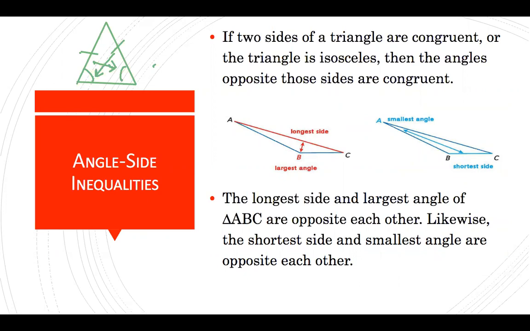The longest side is always across from the largest angle, and the smallest side is always across from the smallest angle. We may not necessarily know what those measures are, but we can always put them in order from greatest to least based on angle measure or side measure.